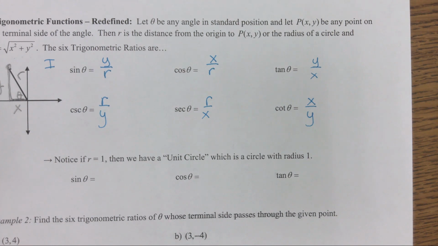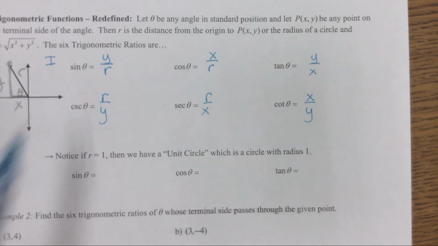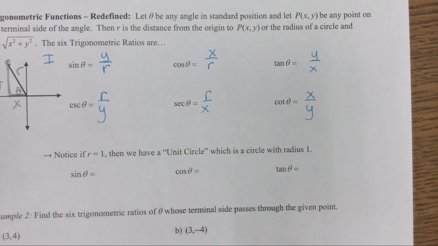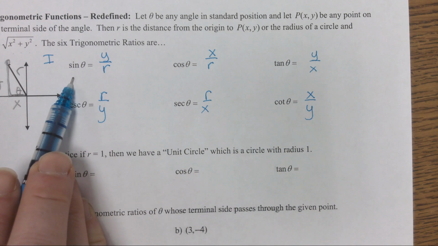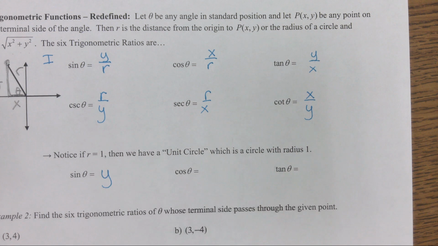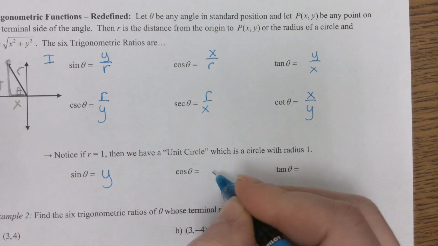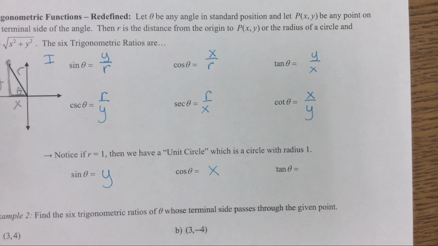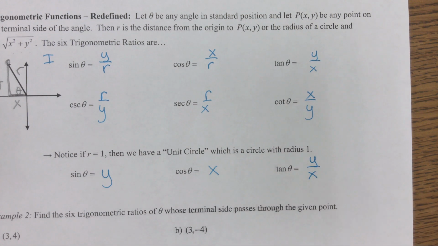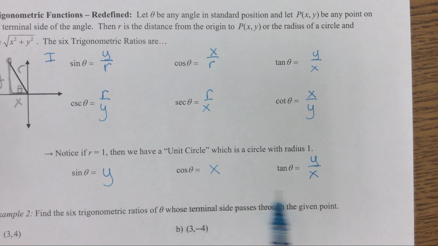If I made the radius of this circle 1, what would the sine be? Just y. What would the cosine be? x. And the tangent would still be y over x. The reason why we make the unit circle is to make this easier, not harder.